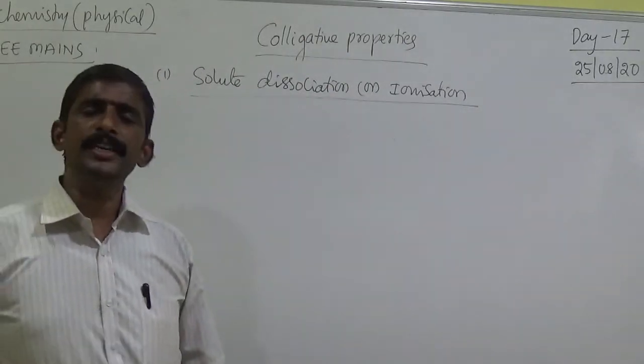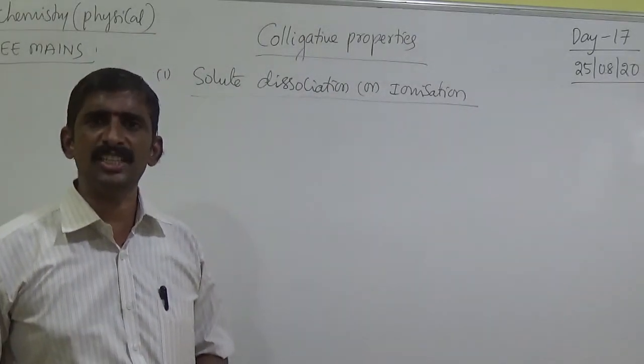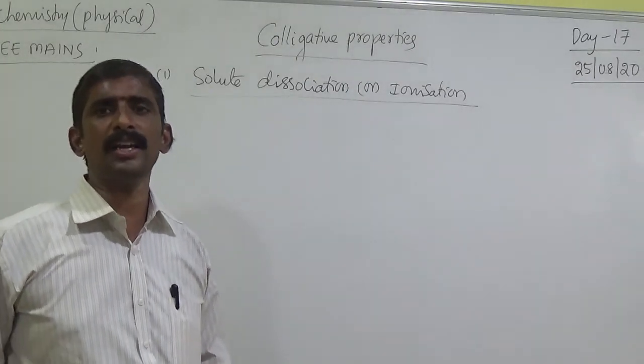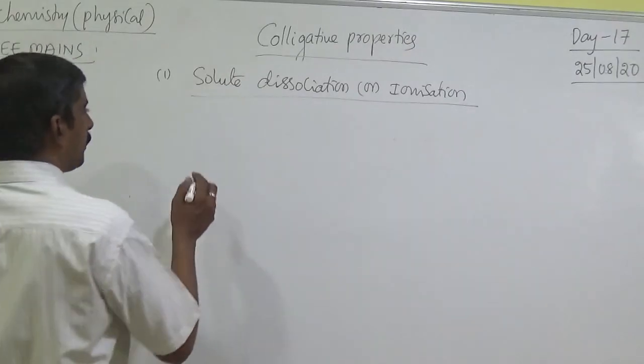If a solute in a solution undergoes dissociation or ionization, it gives n ions, small n ions. Now I will give the formula.